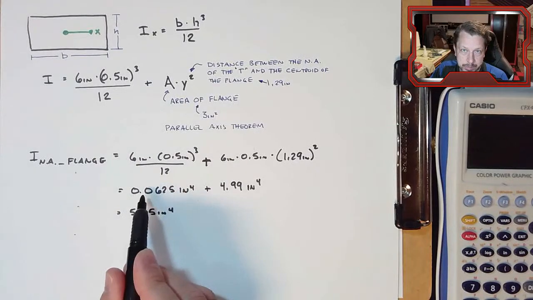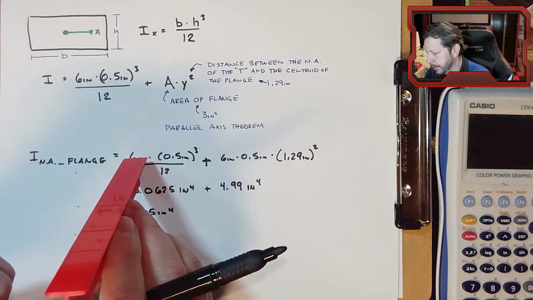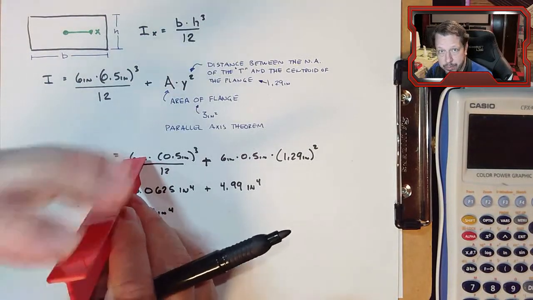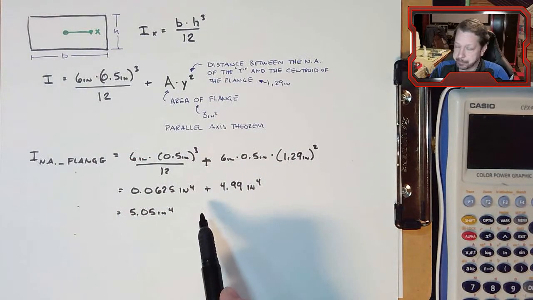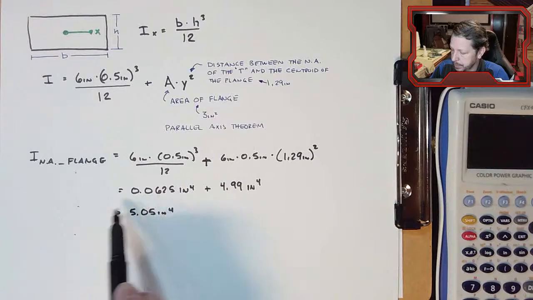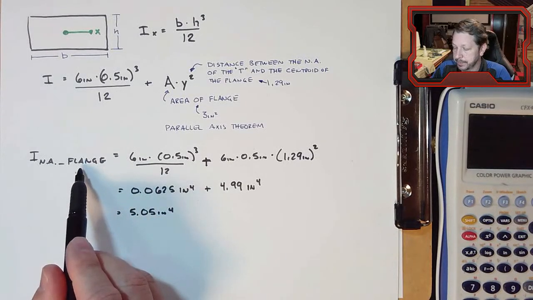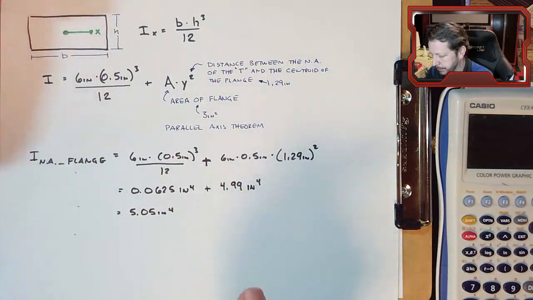This is a really small moment of inertia. But when we move that flange up away from the point of flexing for the whole shape, we add a lot of rigidity to the beam. This isn't the whole moment of inertia for the beam, though. This is just what the flange is doing. We still have the stem adding in.